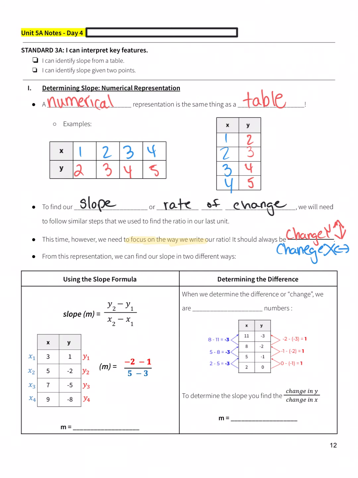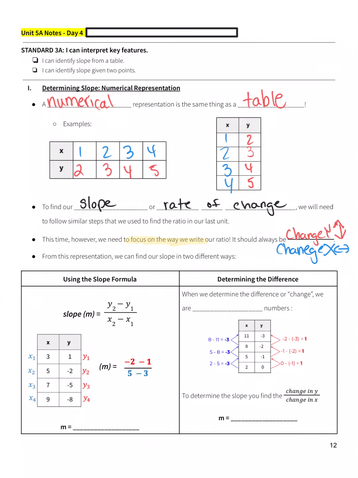That is the difference in y, or the change. So how do I know what y sub 2 is and which one is y sub 1? Well, what you're going to do in your table is you're simply going to label these y sub 1, y sub 2, y sub 3, y sub 4. Okay? You're going to do the same thing for your x. X sub 1, x sub 2, x sub 3, x sub 4.